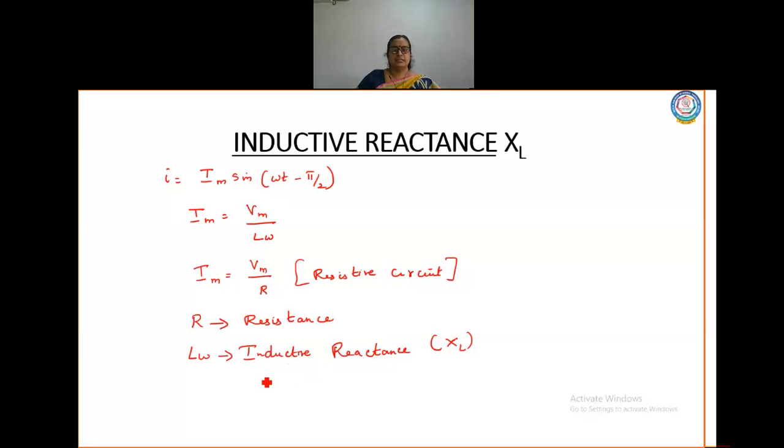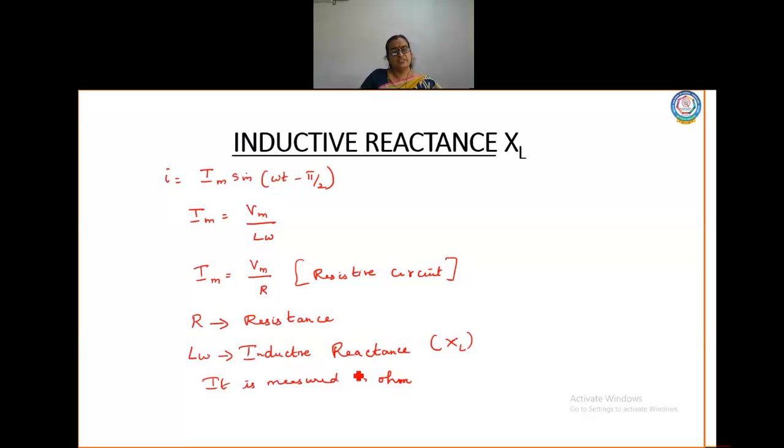And the unit for this inductive reactance is also measured in ohm, because it is compared to the resistance in a resistive circuit. The unit of resistance is ohm. Similarly, the unit of inductive reactance is also measured in ohm.